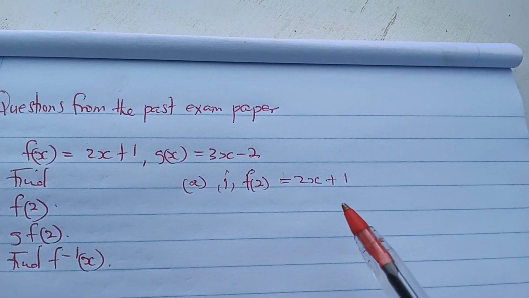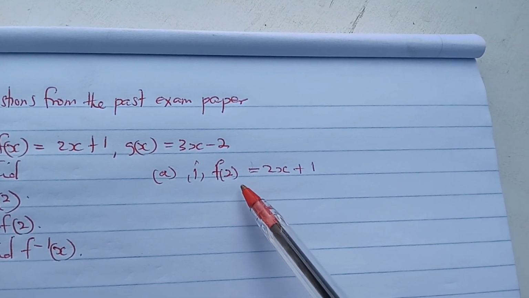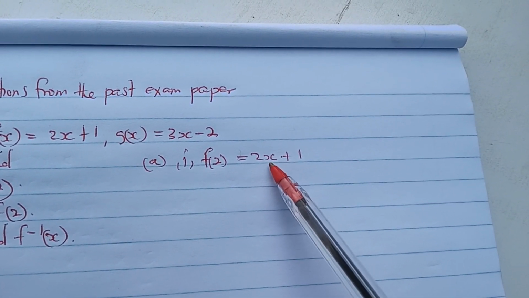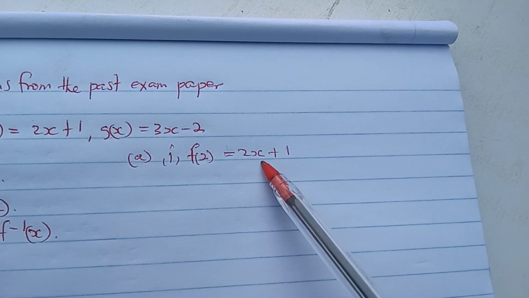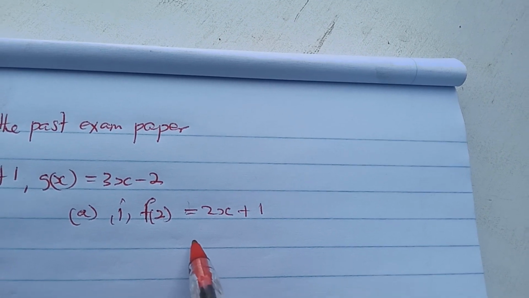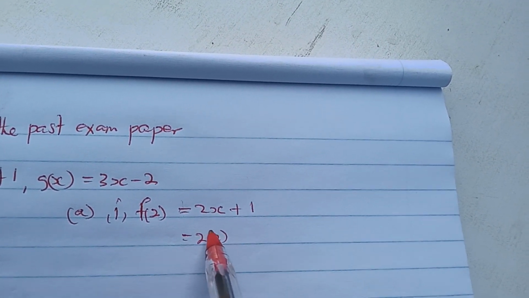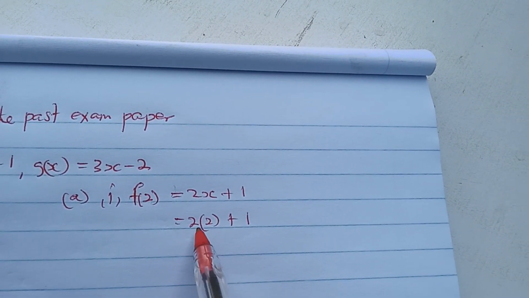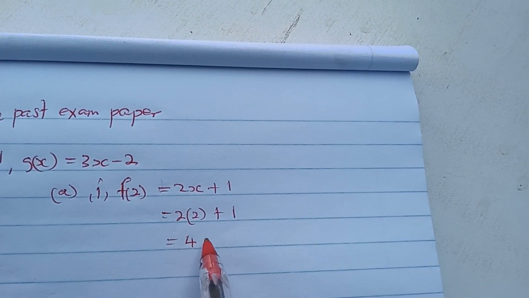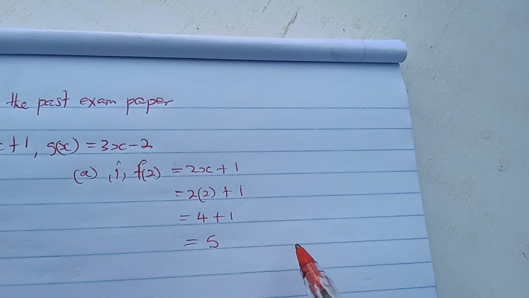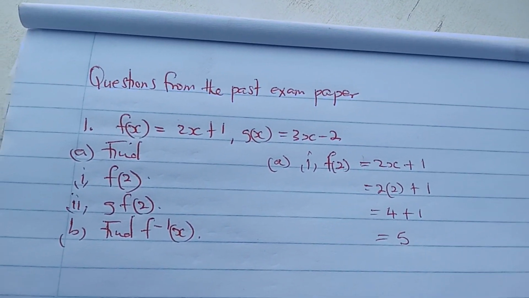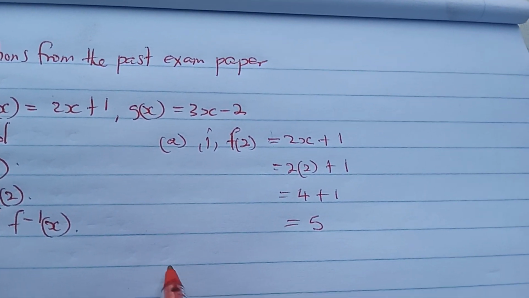We just put 2 in the place value of x. We put this 2 in brackets in the place value of x. So we have 2, and then 2 in brackets, plus 1. So 2 by 2, the answer is 4, and then plus that 1, the answer is 5. So we now move on to Roman figure 2.